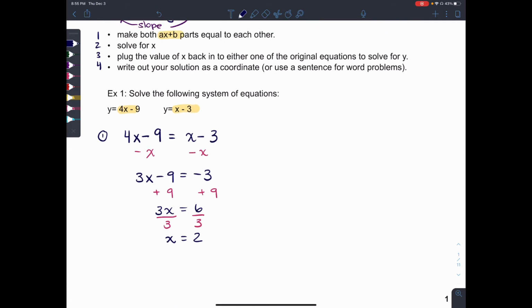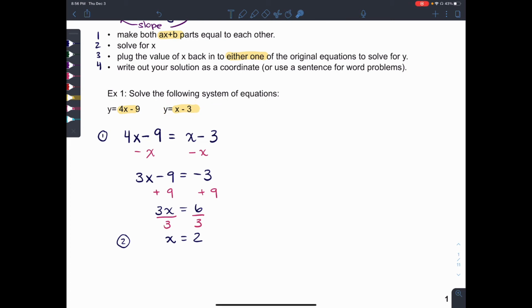So at this point, we've done step 2. So step 3, plug the value of x back into either one of the original equations to solve for y. So here, when it says either one, this is because either this equation will work and this equation will also work.